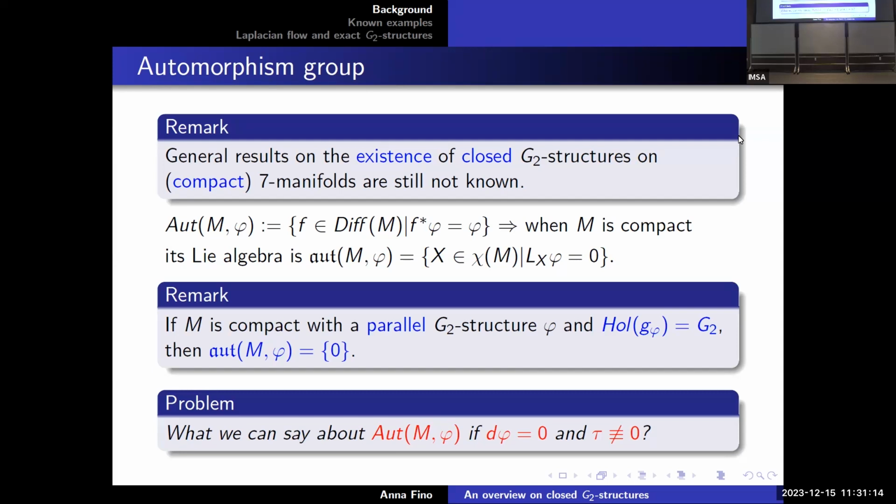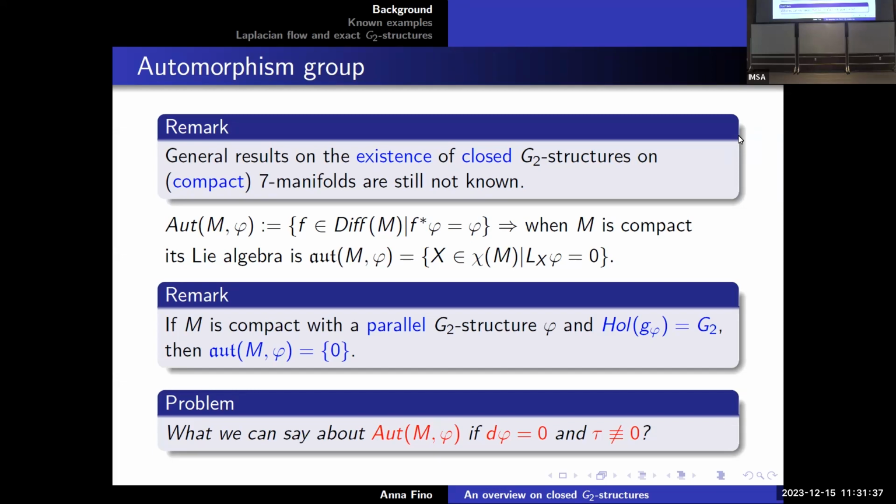The Lie algebra is just vector fields for which the Lie derivative with respect to X of phi is zero. If M is compact with parallel G2 structure, you don't have anything, right? The automorphism group is just zero, the Lie algebra is trivial.